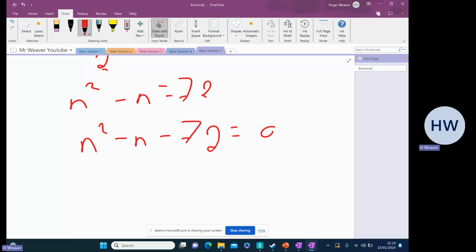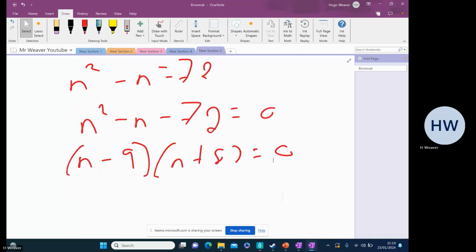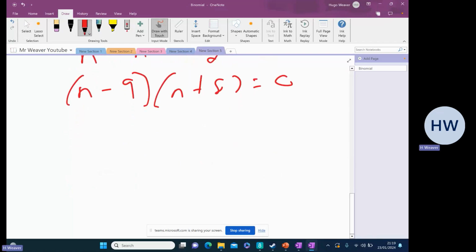And if I was to factorize this, I get n minus 9 and then n plus 8 equals 0. Therefore, n equals 9 or negative 8.